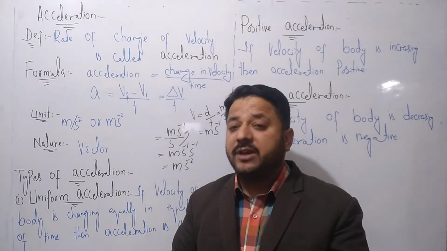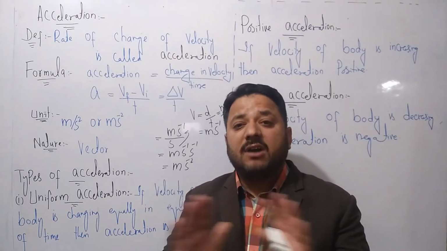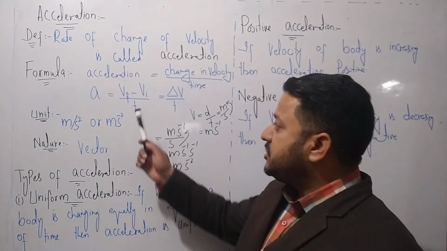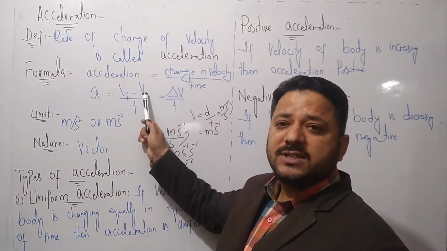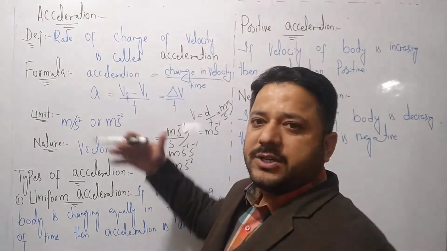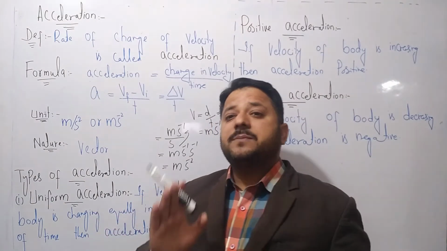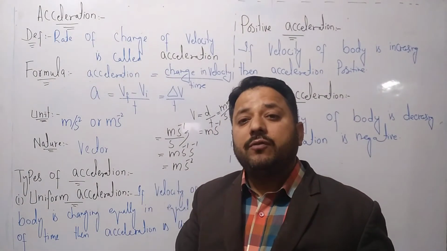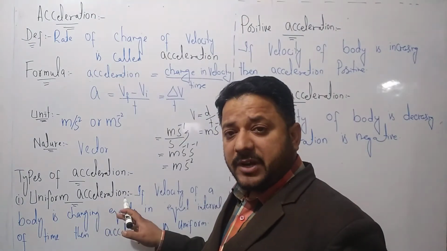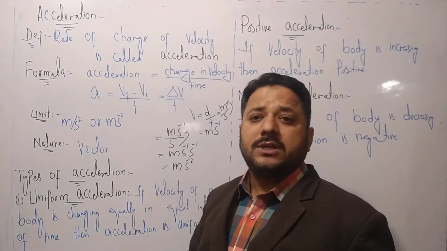If the velocity of a body is not changing, students, then acceleration is zero. Velocity not changing means final and initial velocities are the same. That means velocity is constant, velocity is uniform. We are discussing uniform acceleration here, not uniform velocity.